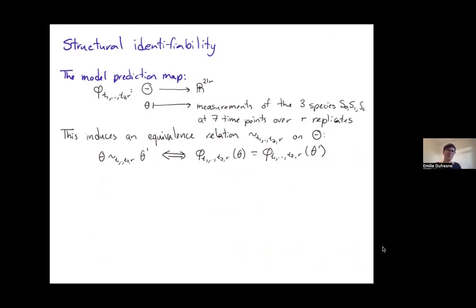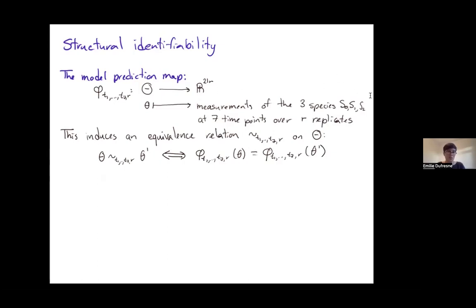To me, it all begins with a model prediction map. That's a map, which in my case, I've written phi, T1, T7, and R. T1, T7 are my 7 time points, and R is my number of replicates. It takes a parameter in my parameter space theta and associates to it a point in 21 times R dimensional real space.